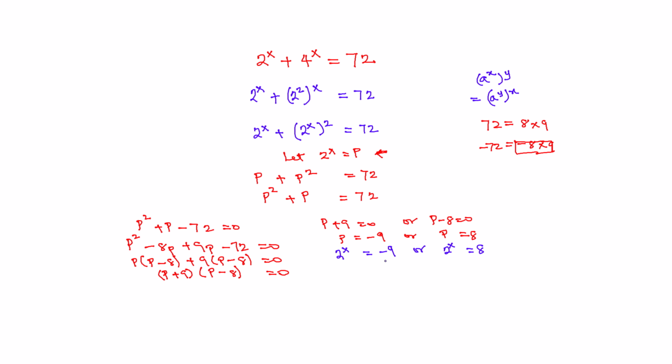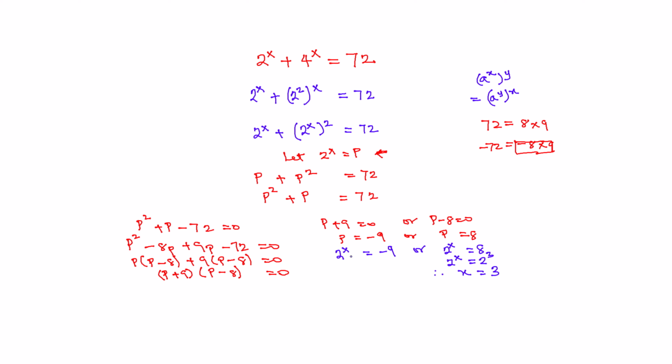On the right hand side, this is super easy to solve because I know that 8 itself is 2 raised to power 3. So this is 2 raised to power x is 2 raised to power 3. Therefore, x in the second case is 3.